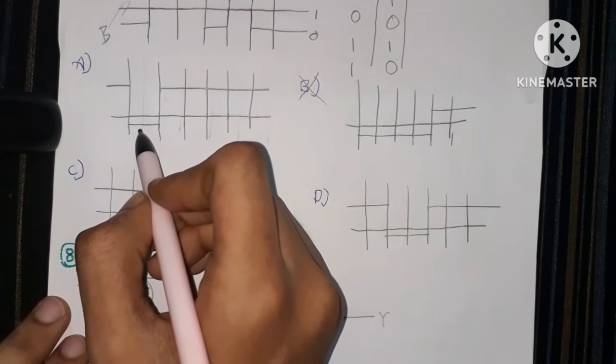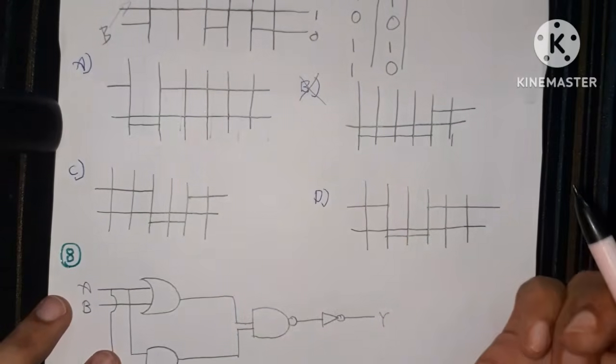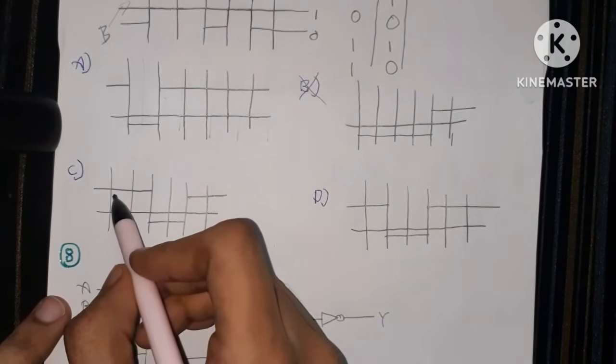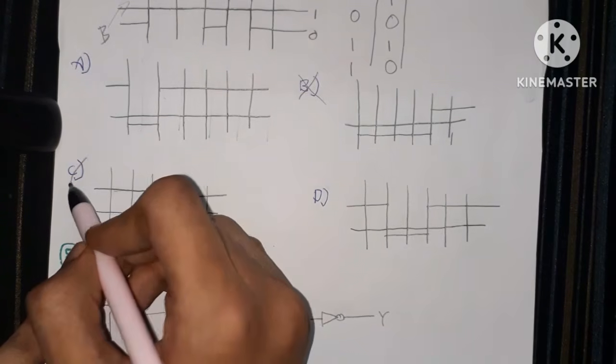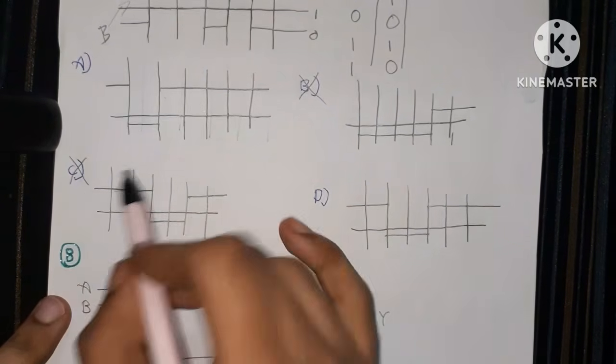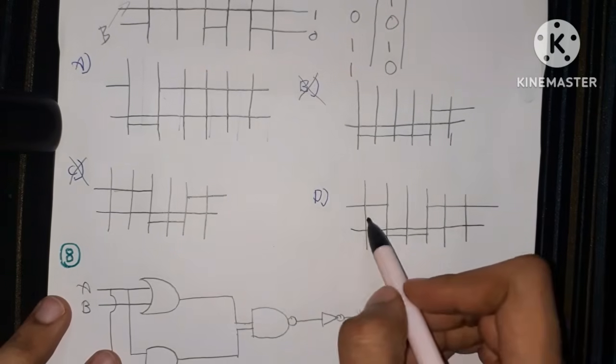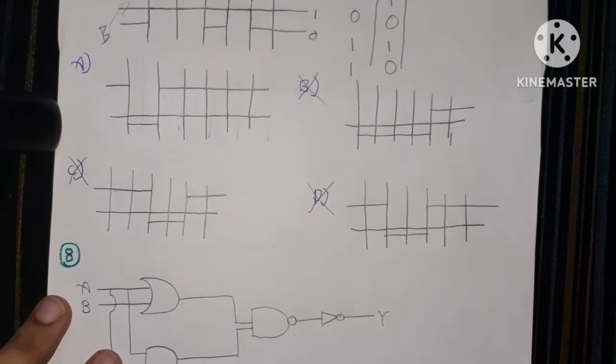We are getting 0 here, so option A sustains, option B is eliminated. We are getting 1 here, see, in the second interval we are getting 1 here, so option C is wrong. And here in option D also we are getting 1, so option D is also eliminated.